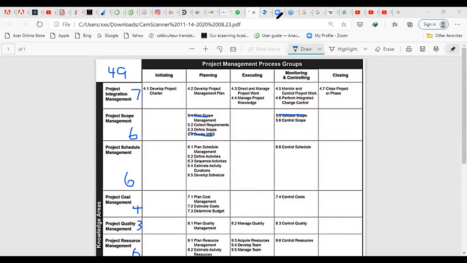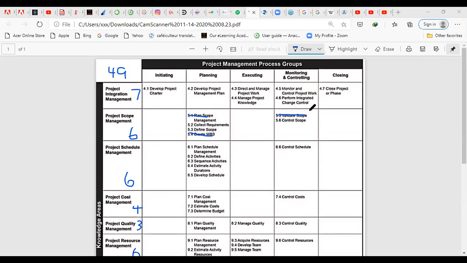So I'm going to start with schedule management and then cost management. There are three key areas that you should look at: scope management, schedule management, and cost management.